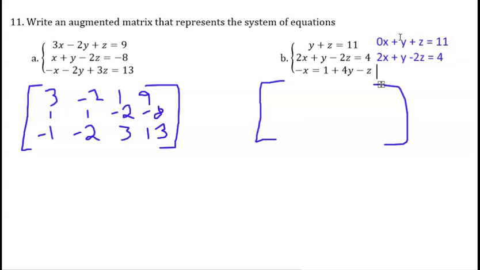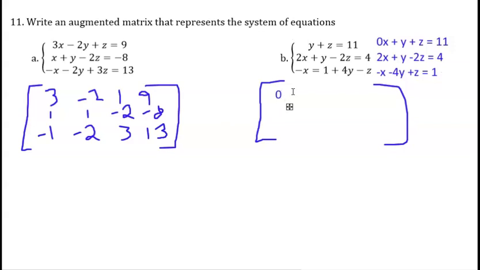And then we have negative x minus 4y plus z equals 1. We want to move the y term and the z term to the other side. Notice I put a placeholder here because there's no x. So then we'll write our matrix.